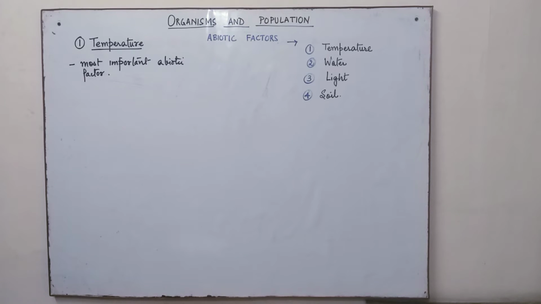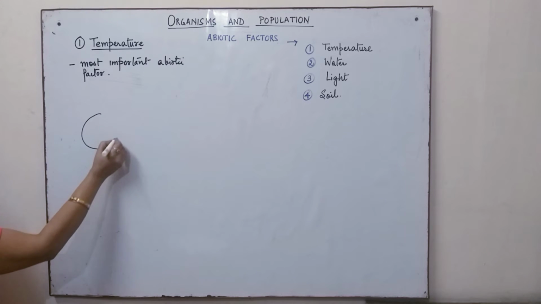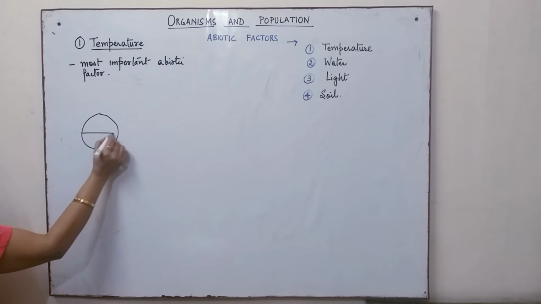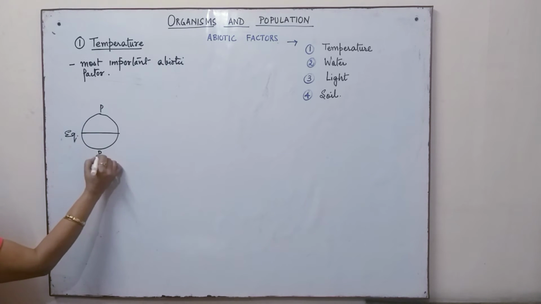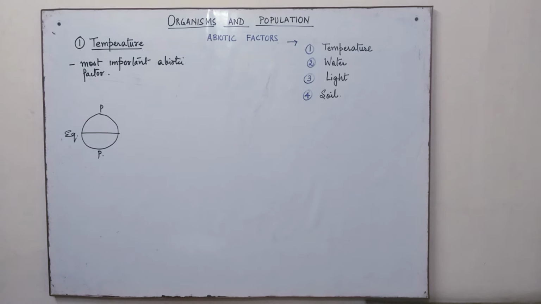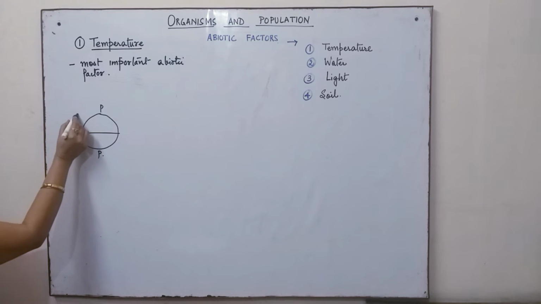Now we see that there is a variation in the average temperature of the earth during different seasons. If we look at the earth, this is the equator and these are the poles. When we go from the equator towards the poles, the temperature decreases.